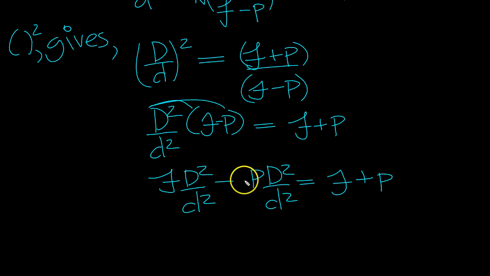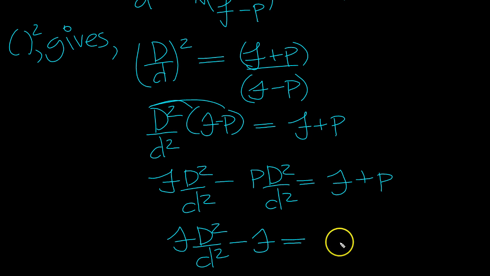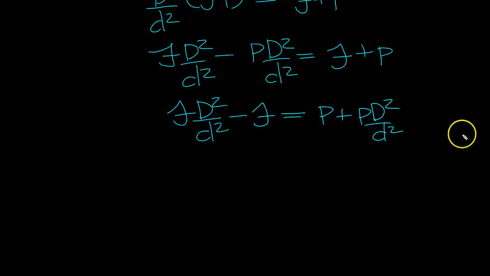Now I'm going to move this f over to be with this f: f D squared over d squared minus f, so I've left that as is, equal to, leave the p as is, and I'm going to move this over to be plus p D squared over d squared. Now you can see that I've gathered all the p's together here now, so I'm getting there.